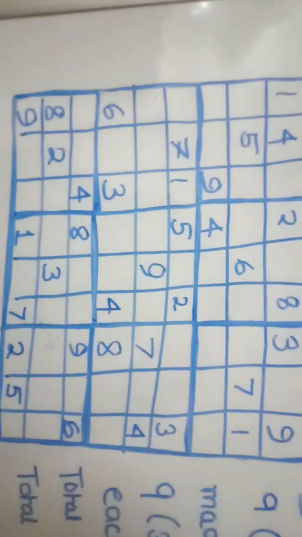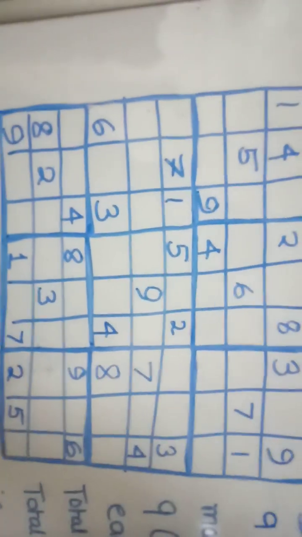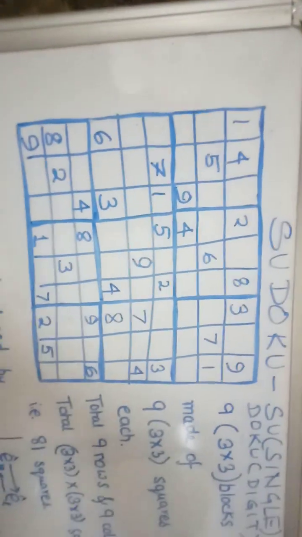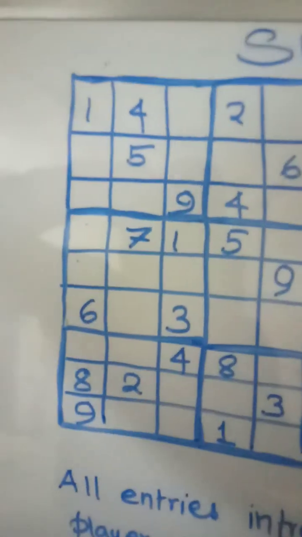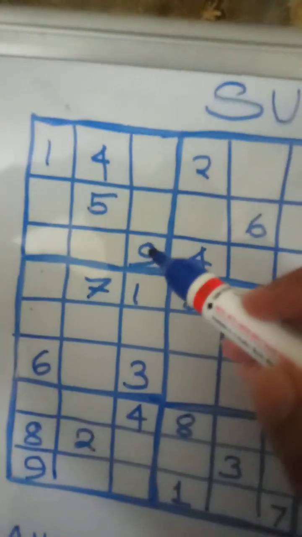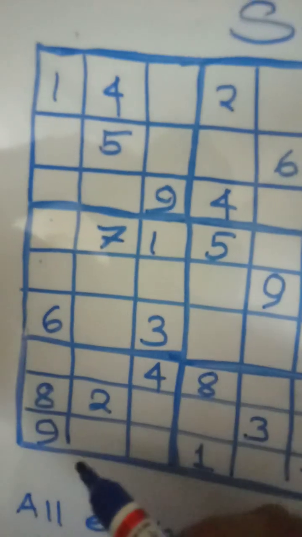So now we will make our first attempt at an entry into this board where we can find the proper location. So let us look at this leftmost stack of three blocks, right? Now we can see that the entry 9 is there in the top block as well as in the bottom block, but it is not there in the middle block.